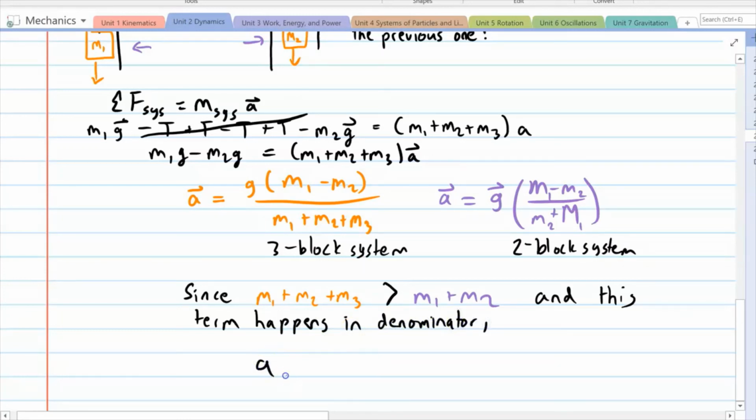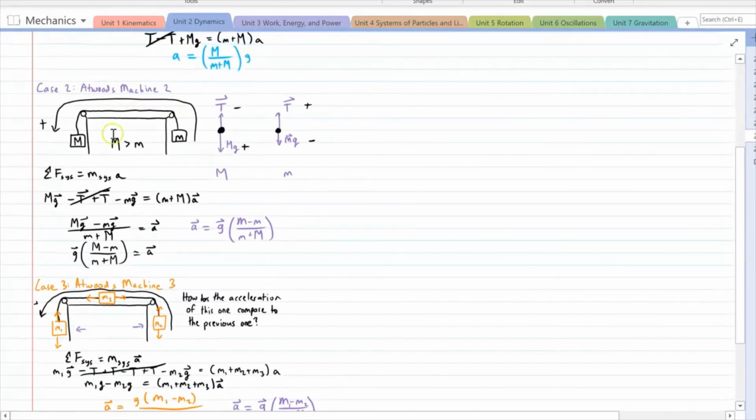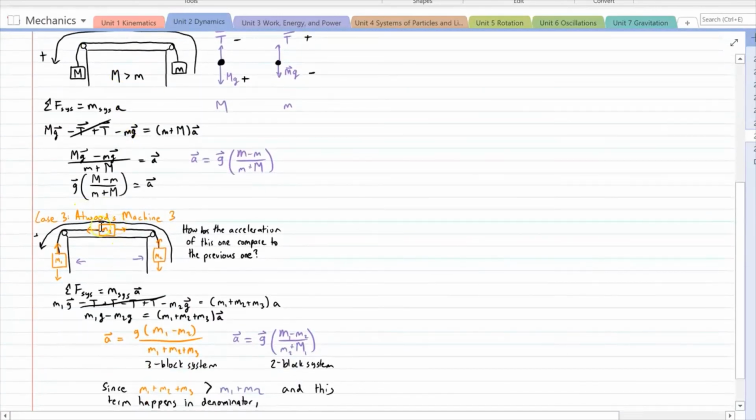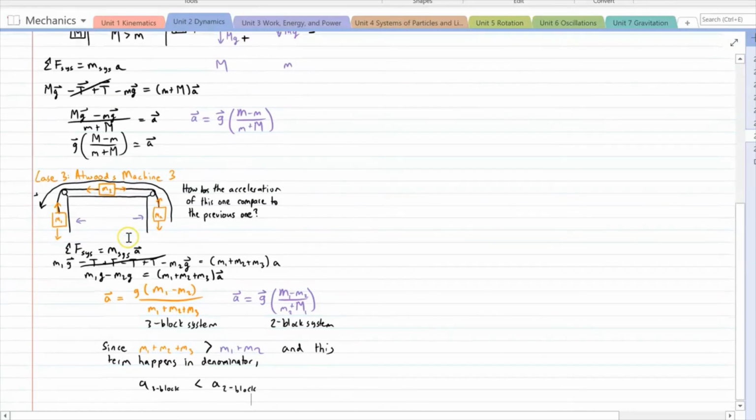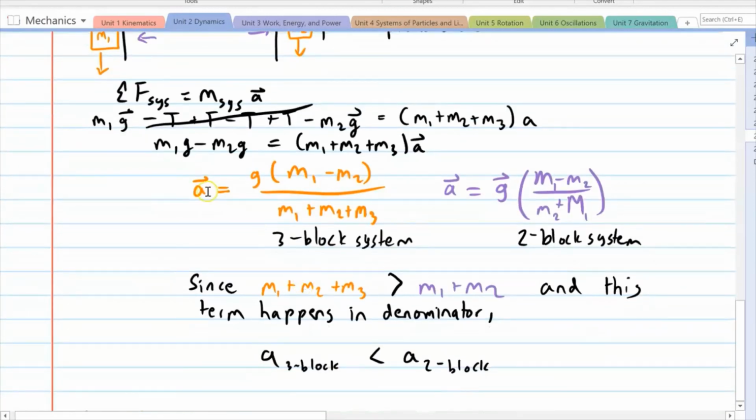The acceleration of the 3-block system will be less than the acceleration of the 2-block system, even though they're very similar diagrams. Right here and right here, this one's just adding another block, and we see that even just by adding a block, even with the forces canceling, we have a smaller acceleration because it adds to the total mass when we divide by the total mass right here.